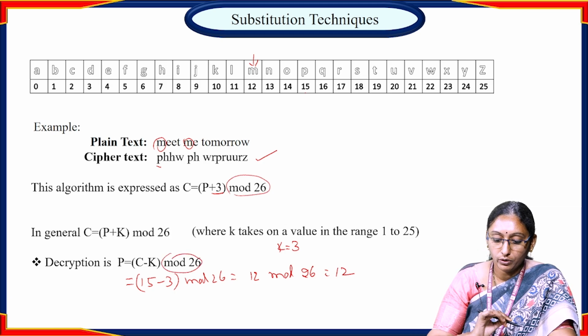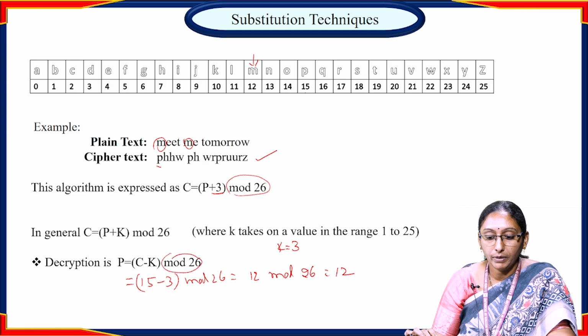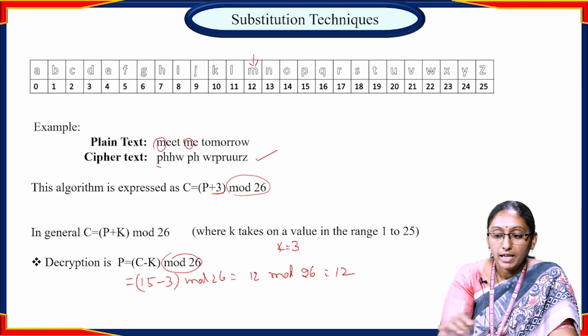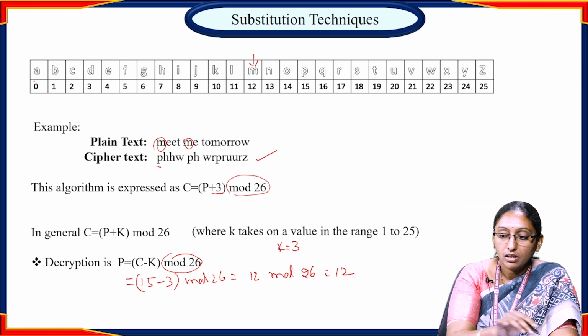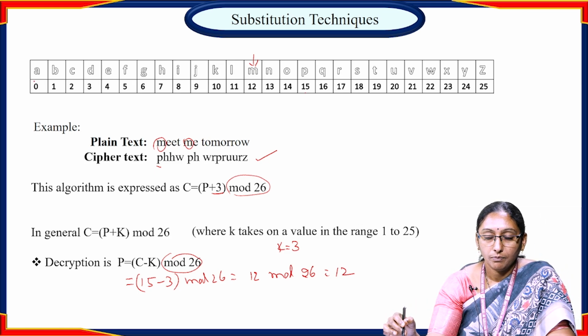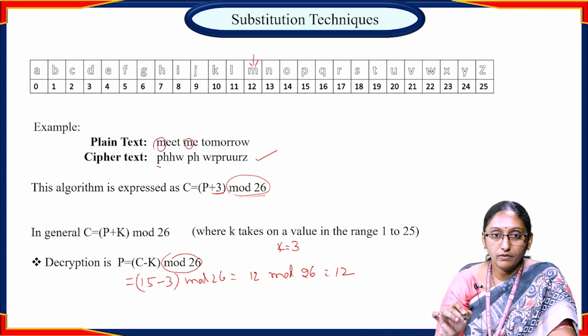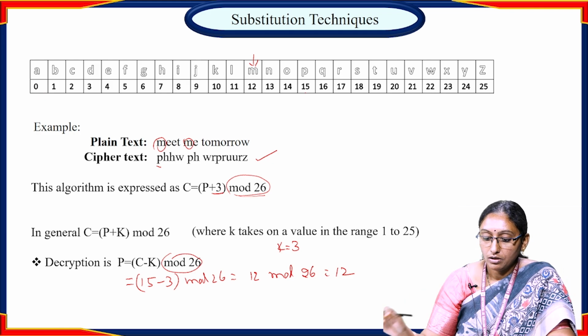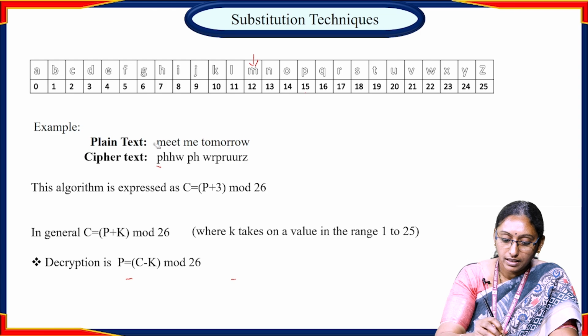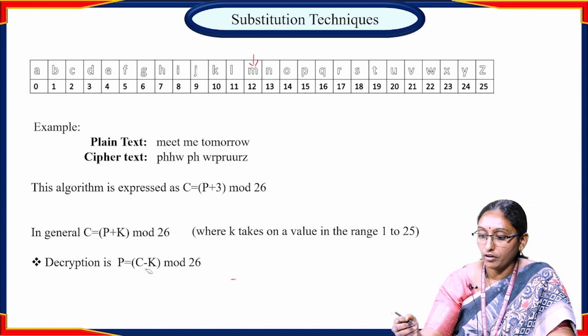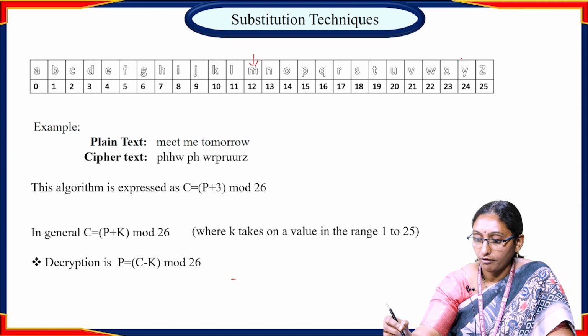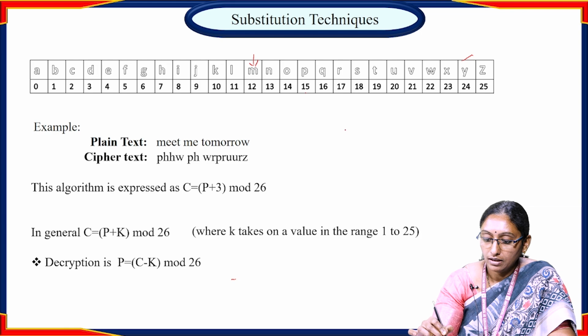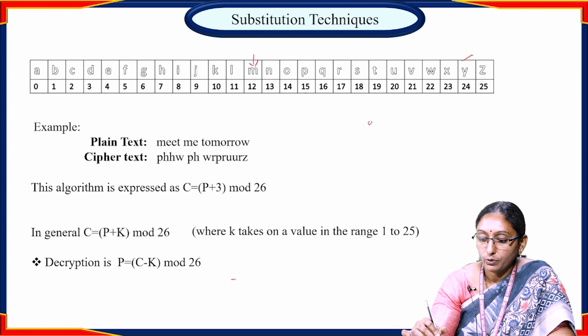So why are we doing modular division with 26? Because the replacing letters are also between A to Z. So to get a letter between A to Z, we need to do modular division with 26, because the letter numbers are 0 to 25. For example, suppose one of the plain text letters is Y. What is the equivalent number of Y? 24.